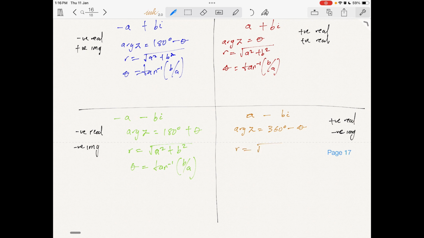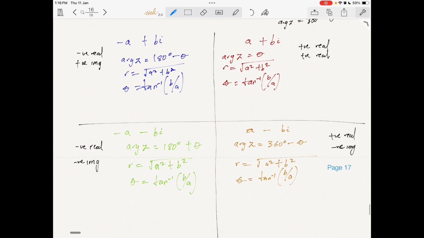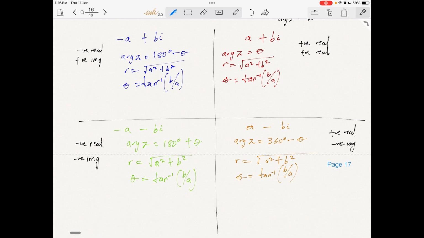Our r is the square root of a squared plus b squared, and our theta is arctan b over a. Now this will be the basis of our conversion from Cartesian plane to polar form.